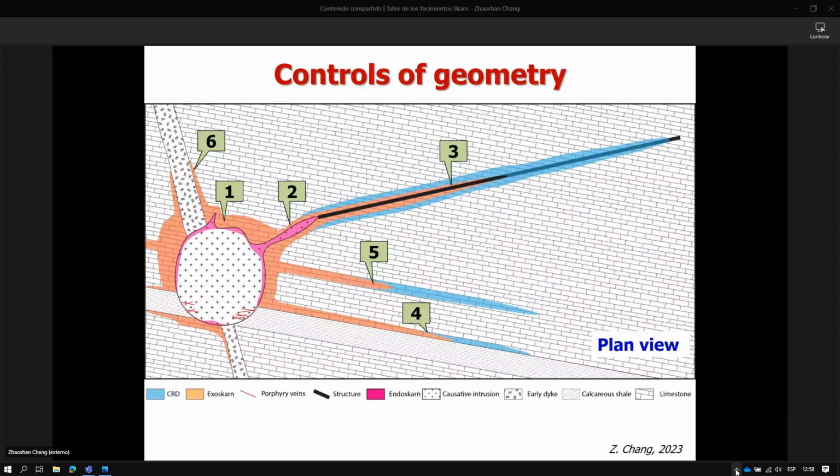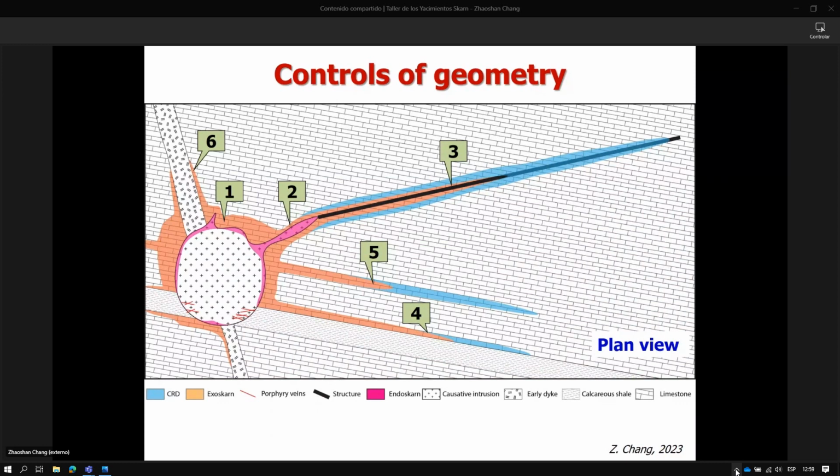Number 4 occurs at the boundary between limestone and shale, or it could be chert or something else. It looks like this is stratabound, so the body is following the bedding. But the main control of the stratabound body is still a fault.